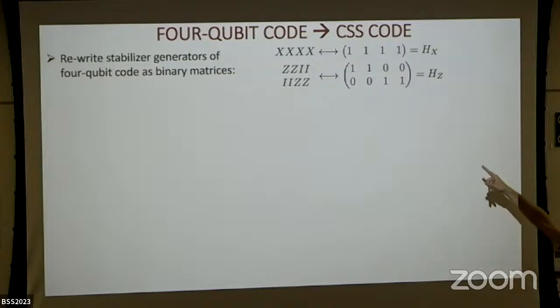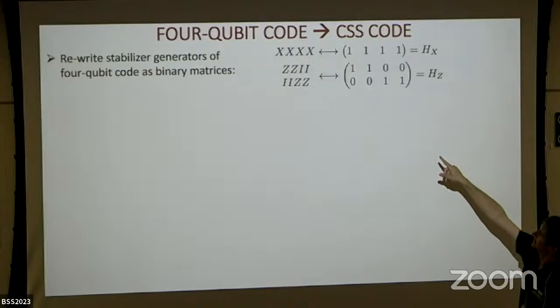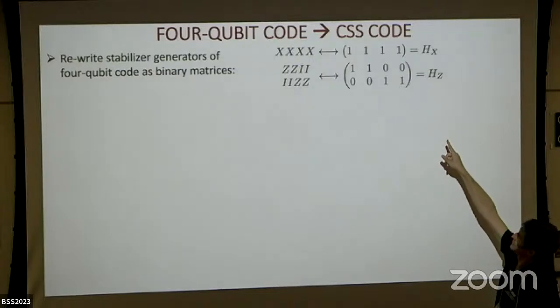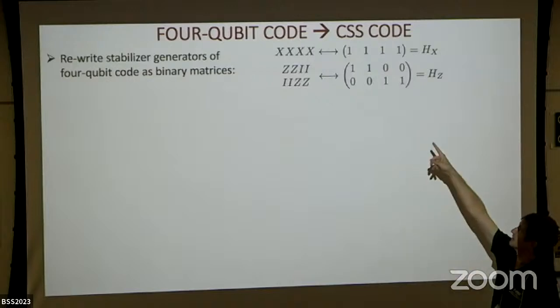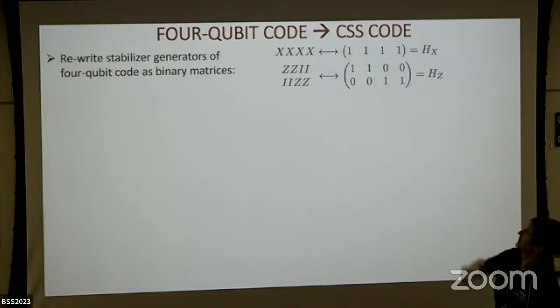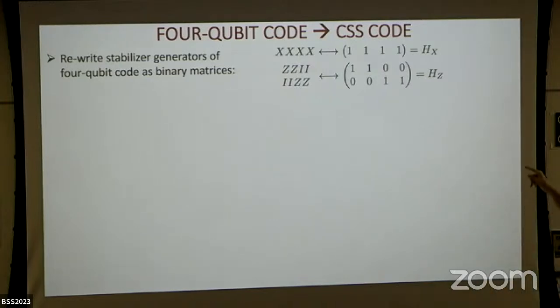Because you have all X and all Z generators, you can map all the Z generators into a matrix whose row just tells you whether there's a Z there or not. You can do the same for the X generators. Not a very big matrix there because there's only one. Then you get two matrices. These turn out to be what's called parity check matrices of classical codes.